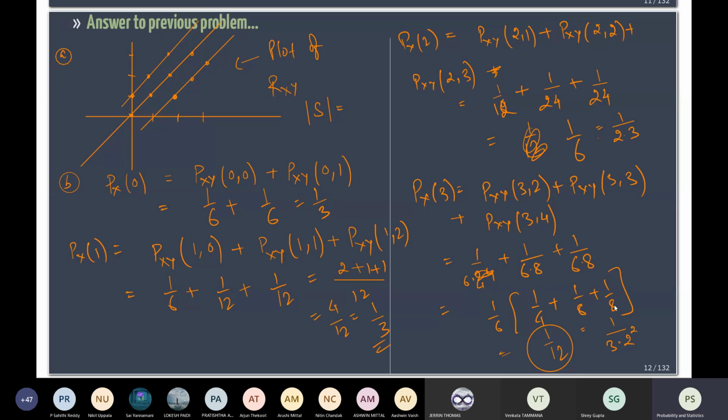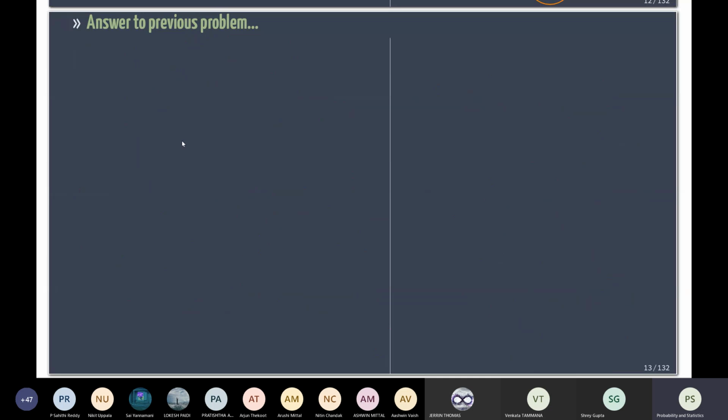Okay, so it seems to be in this form, right? So each time there is a 3 and then there is some power of 2. And that power of 2 is that argument minus 1. Okay, so in general, we can verify this.